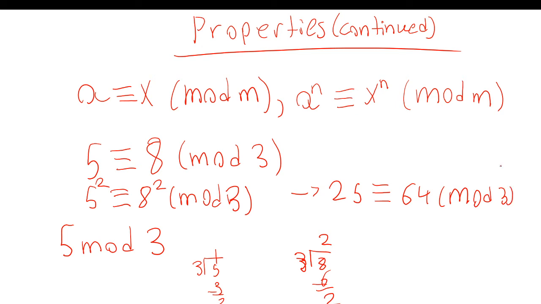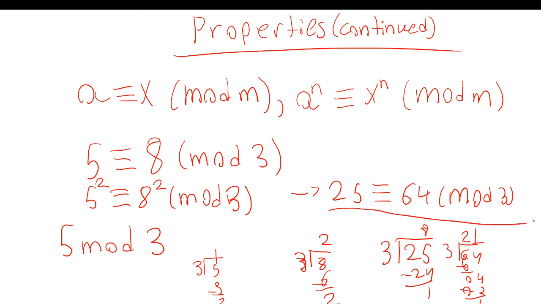Each of these should hold true because we are doing the same thing to both. So the congruence must hold true. You can go ahead and check it with the division. So 25 is congruent to 64 in mod 3.